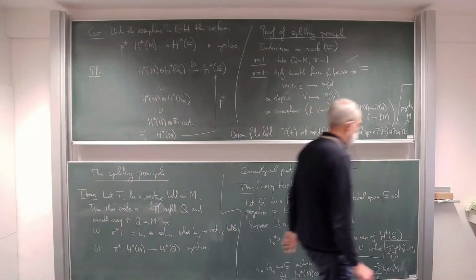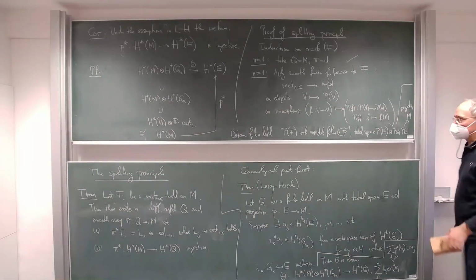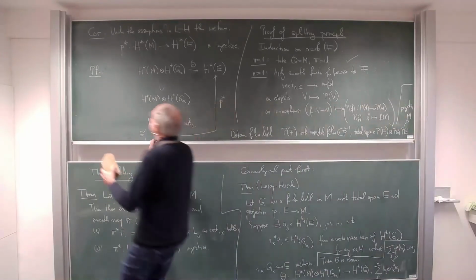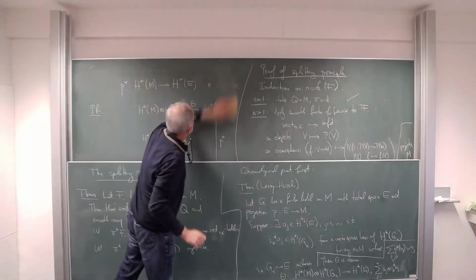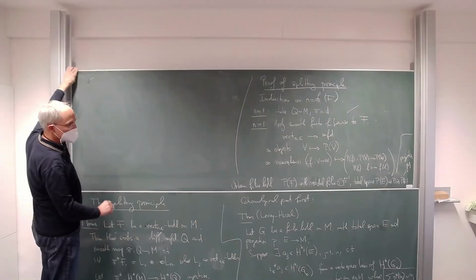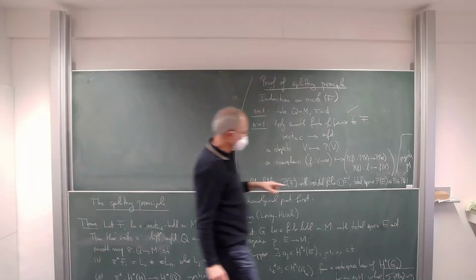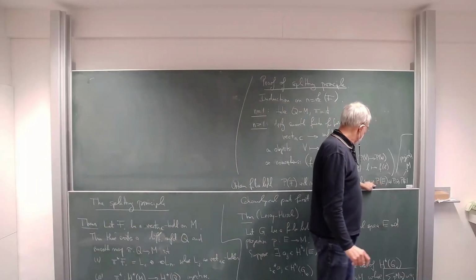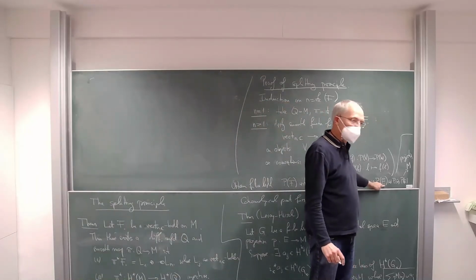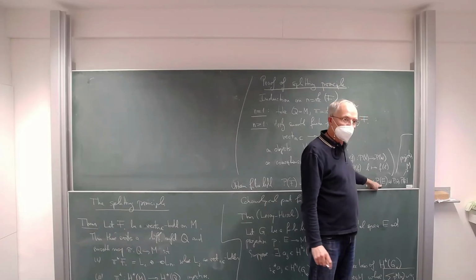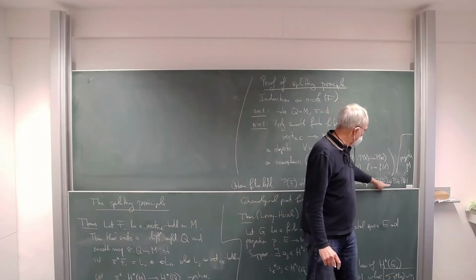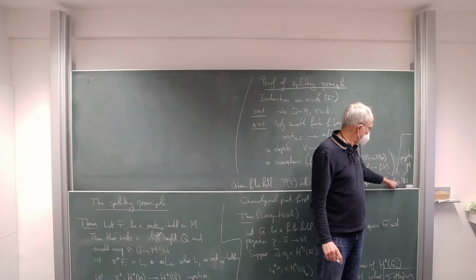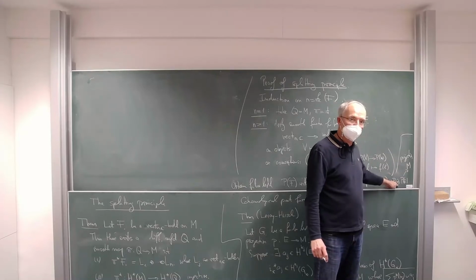That's what we do next. So we have a map from the total space here. This is our first candidate of the manifold Q, the total space of this bundle. And we have a map from that to our original manifold, namely the projection of this bundle.